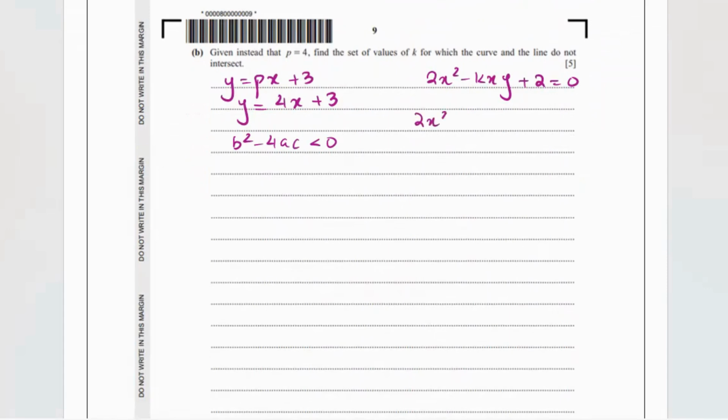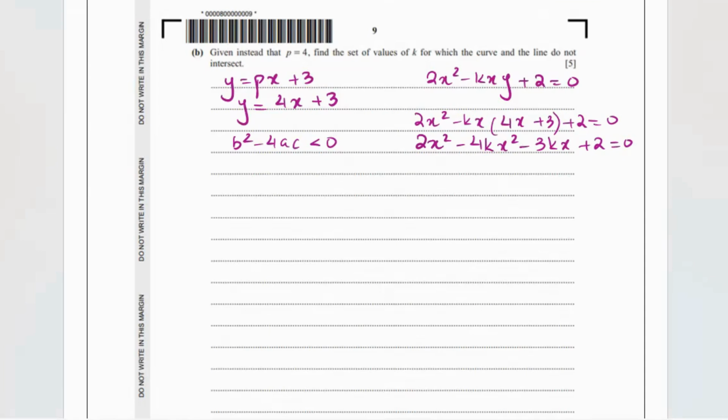So 2x squared minus kx times (4x plus 3) plus 2 equals 0. 2x squared minus 4kx squared minus 3kx plus 2 equals 0. A is your coefficient of x squared, B is your coefficient of x, and C is your constant.